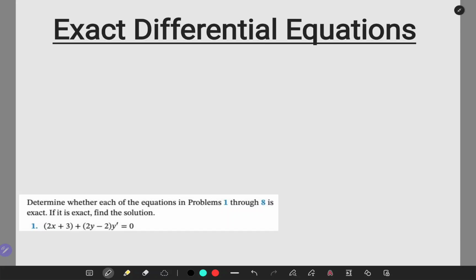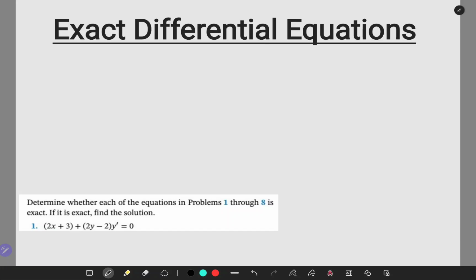Now, if you've taken Calc 3 before, you might recognize this. When I took Calc 3, we were dealing with potential equations, with the fundamental theorem of calculus for line integrals, right? When you're able to use it and find little f, to integrate from one point to another point.